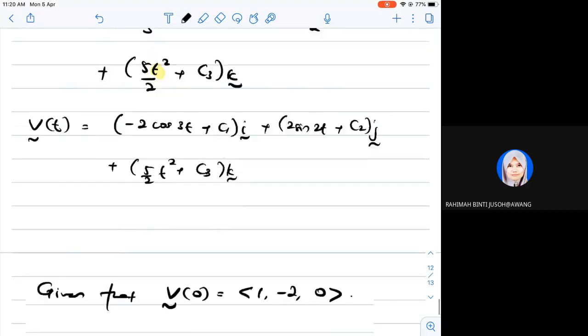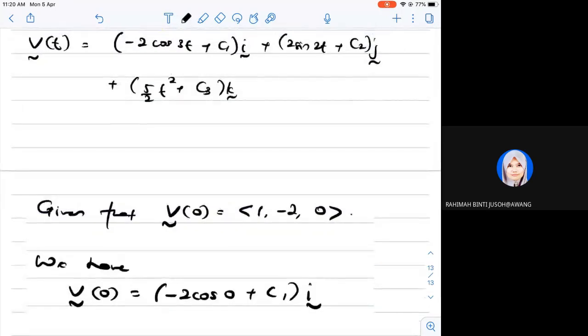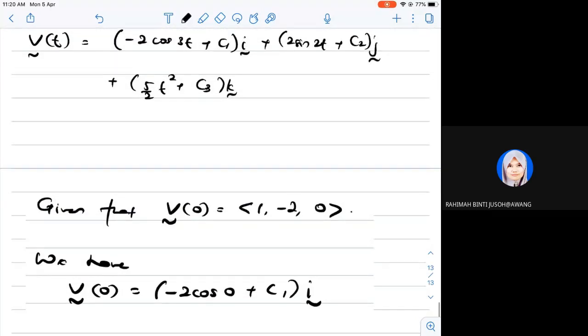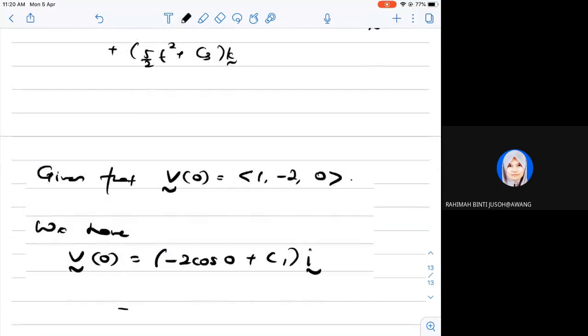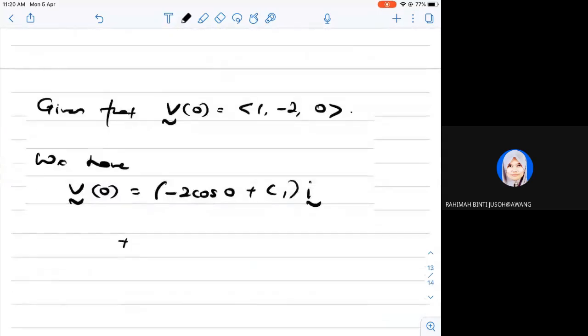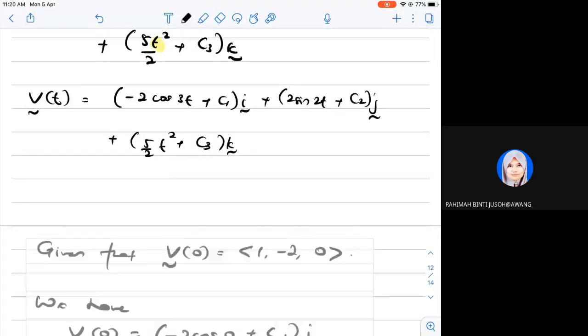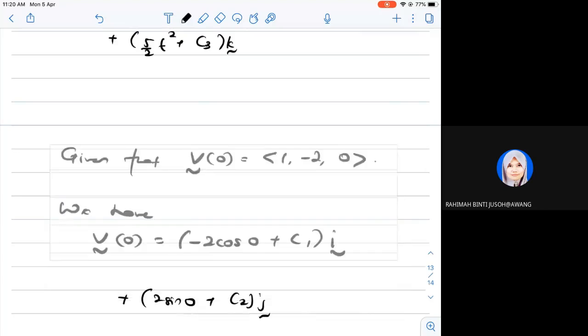Okay, alright. So now dia bagi yang tu, kita kena ganti nilai lah, gantikan di dalam tu. So negative 2 cos 0 plus C1i plus 2 sin 0 plus C2j, and then 0 plus C3k.